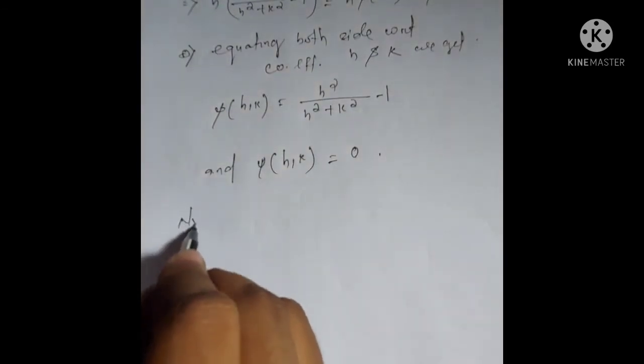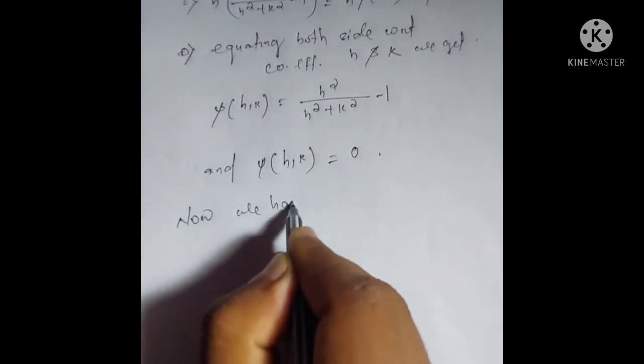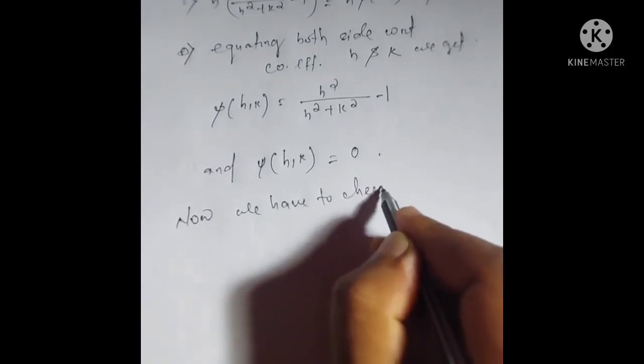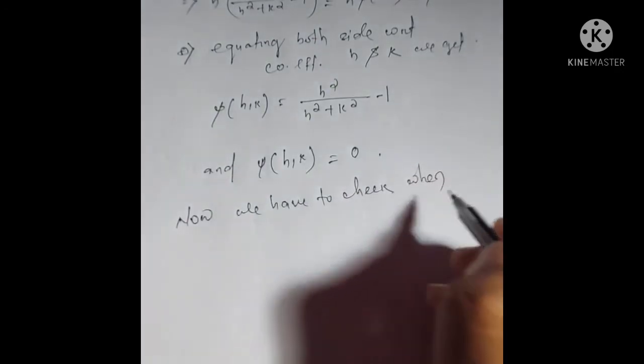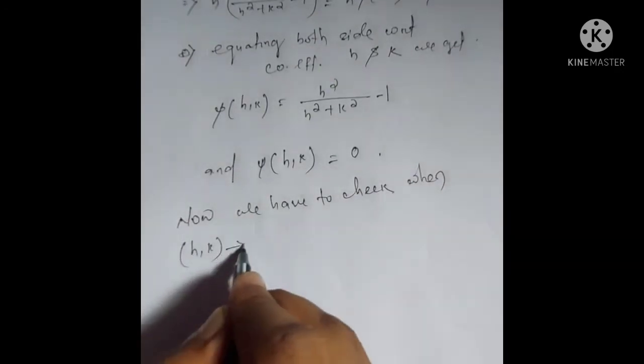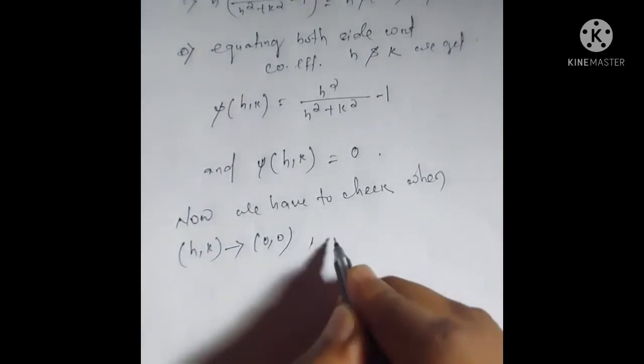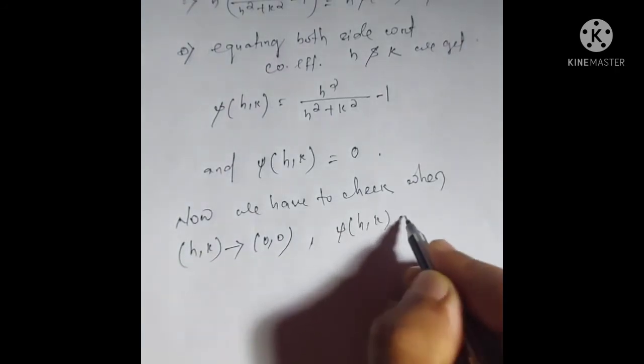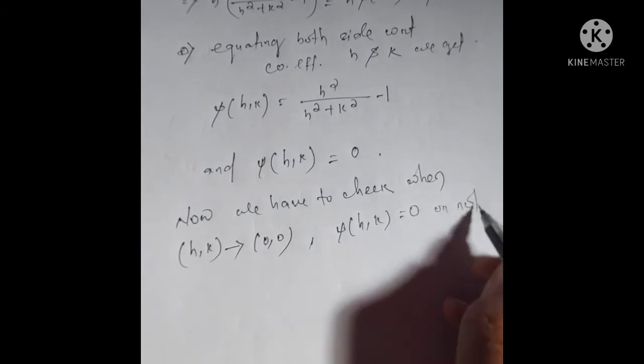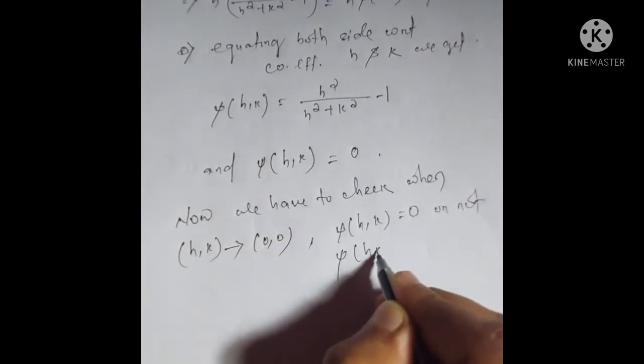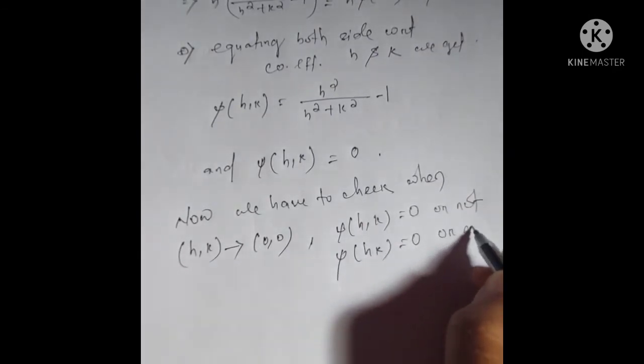Now we have to check when hk tends to the (0, 0) point, whether phi of hk is equal to 0 or not, and whether psi of hk is equal to 0 or not.